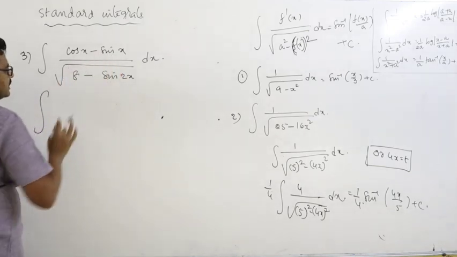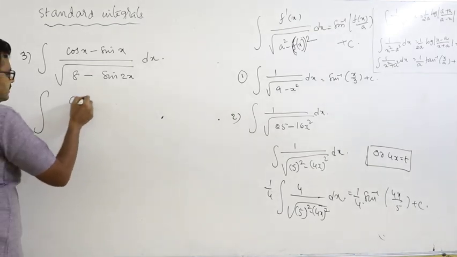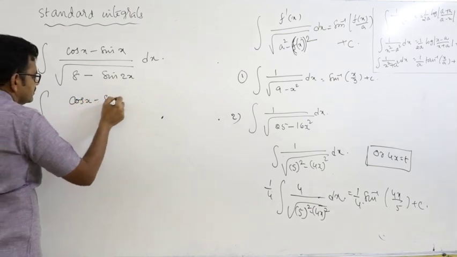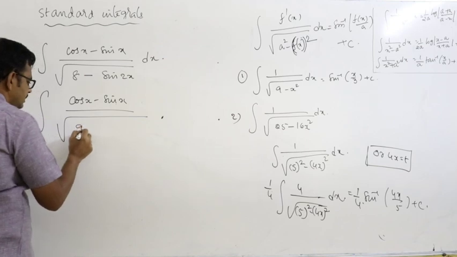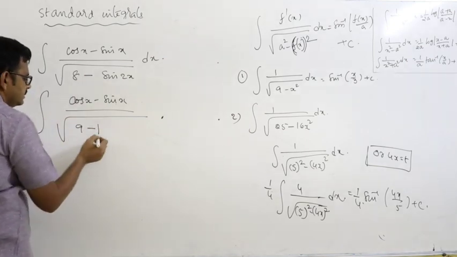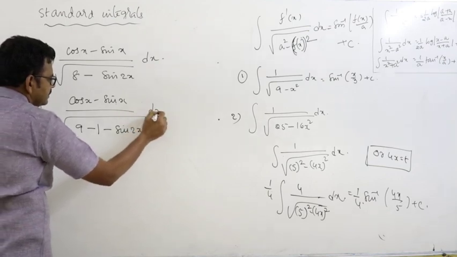Cos x minus sin x is the derivative of cos x plus sin x. So, this is right: cos x minus sin x by root of 9 minus 1, and 9 minus 1 is 8, minus sin 2x dx.